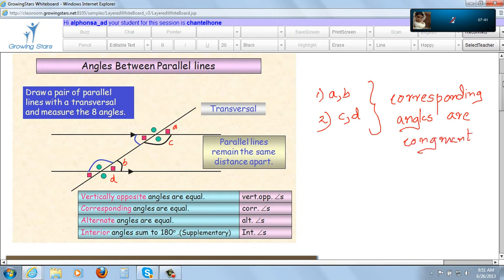So when two parallel lines are cut by a transversal, corresponding angles are congruent.